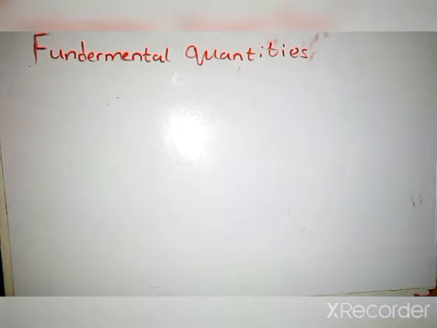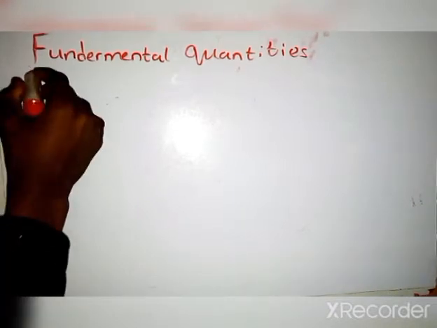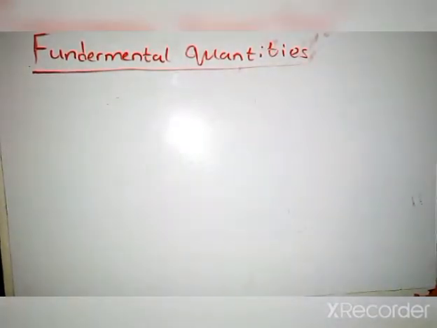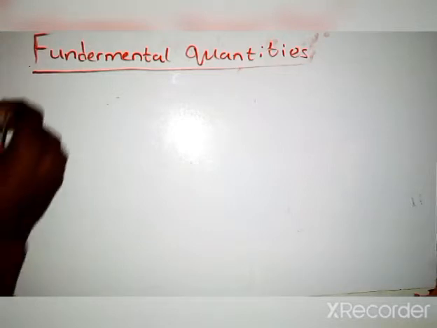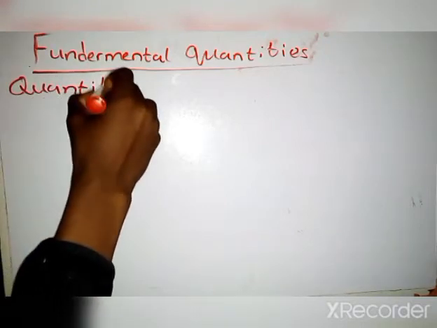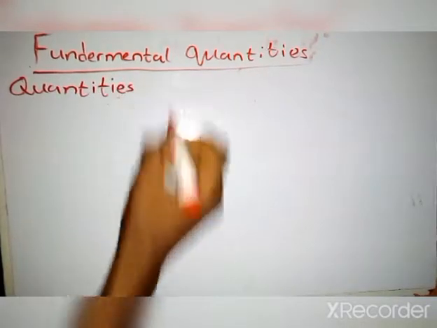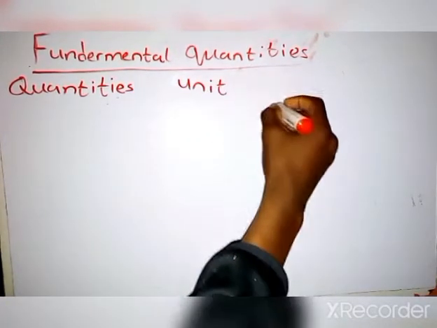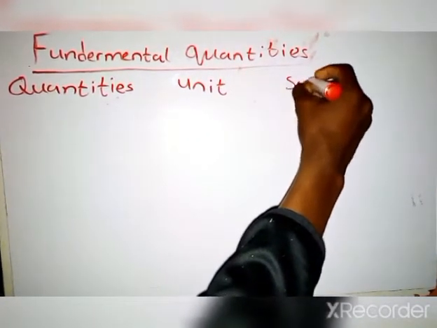Fundamental quantities are quantities that are independent of other quantities. That is, they do not depend on other quantities. For example, we have quantities, we have unit, and we have symbol.